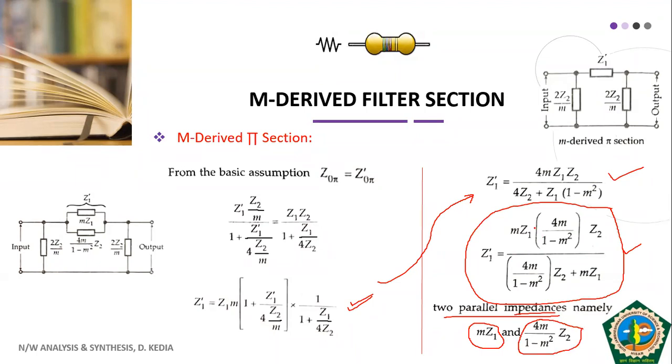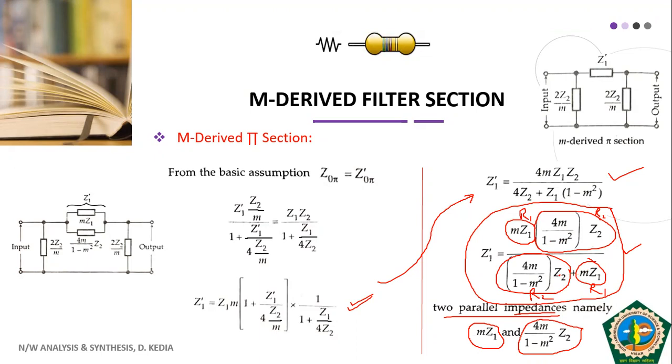See, this is MZ1, you can say R1. This is say R2. So R1 into R2 divided by R1 plus R2. If you apply the formula for a parallel combination, these two impedances are in parallel, that is Z1 into Z2 divided by Z1 plus Z2.